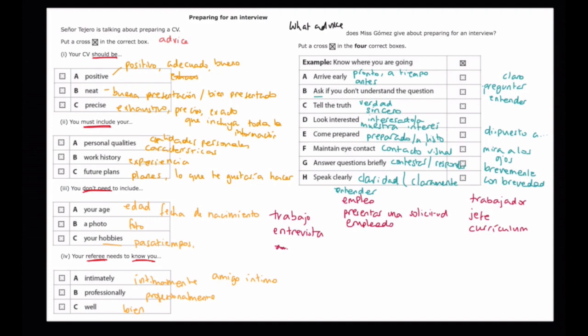Recuerda que estos detalles también te pueden servir en el futuro. Aunque es importante añadir toda la información posible, la ley ha cambiado y ya no tienes que poner tu fecha de nacimiento. Es importante que la persona que va a escribir tu referencia te conozca bien, pero no es esencial que sea un amigo íntimo.